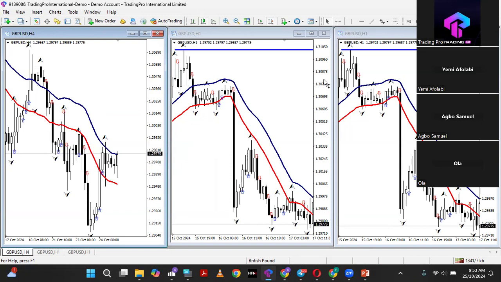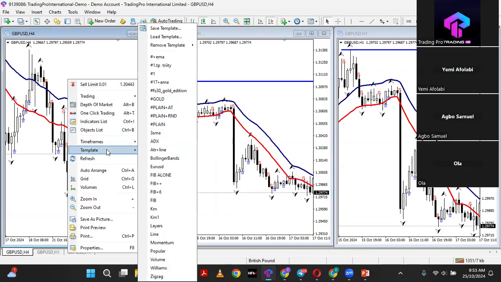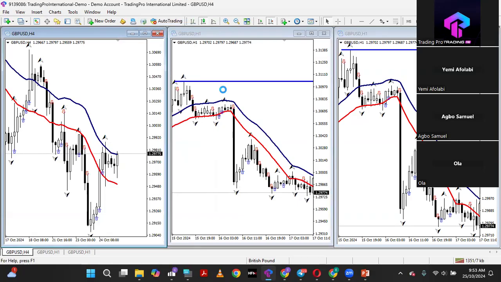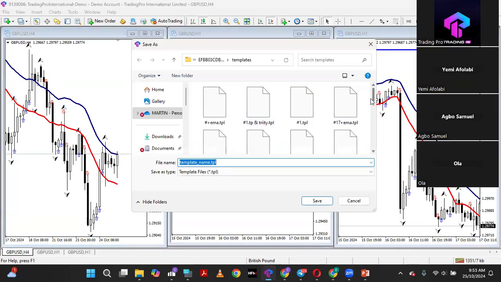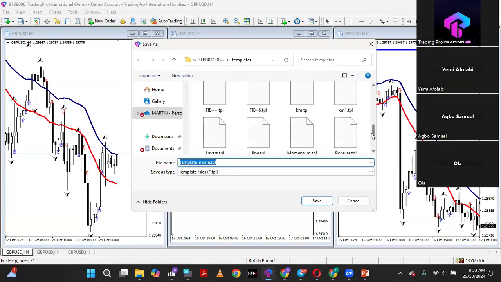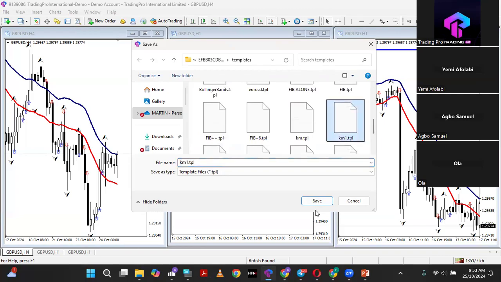So now, let me save it as a template, because whenever you save a template, everything you have on this chart is also saved. So it's always good, if you're saving a template, to make sure it has no drawings, no horizontal line, only the indicator you want to use.